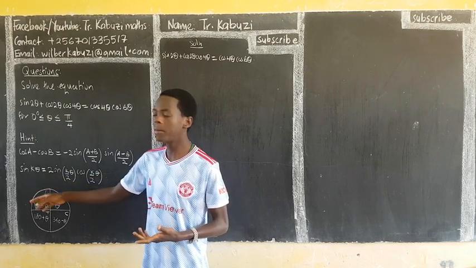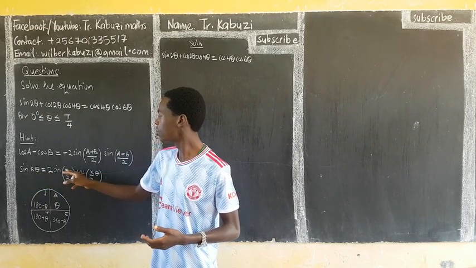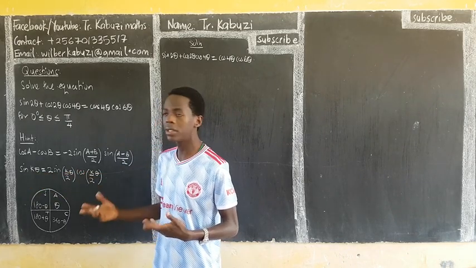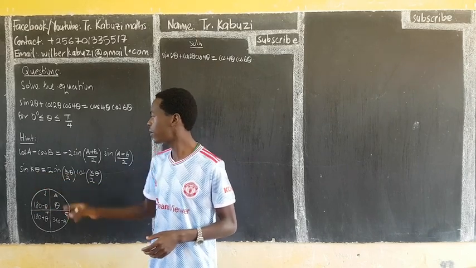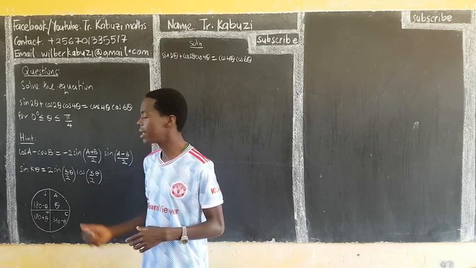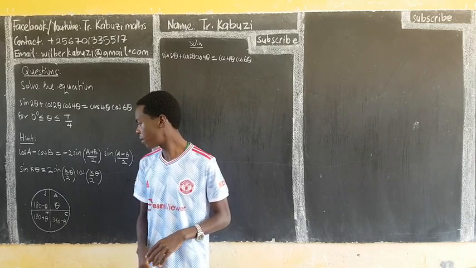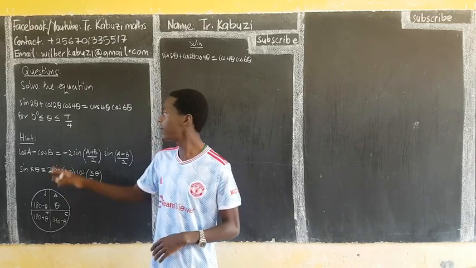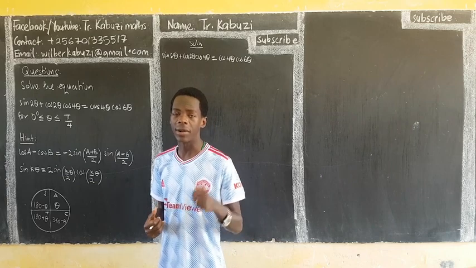In simple terms, if this is 2, this one is 2 over 2, which is 1. If this is 4, then this one becomes 2 theta. Whenever you have the double angle of sine, the angle is half the other angle. But you need to be careful about the angle you are having, as we are going to see.